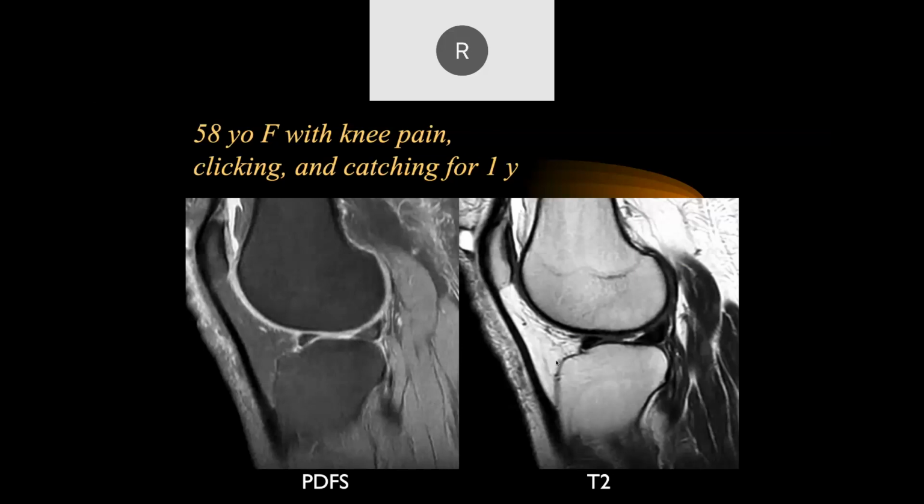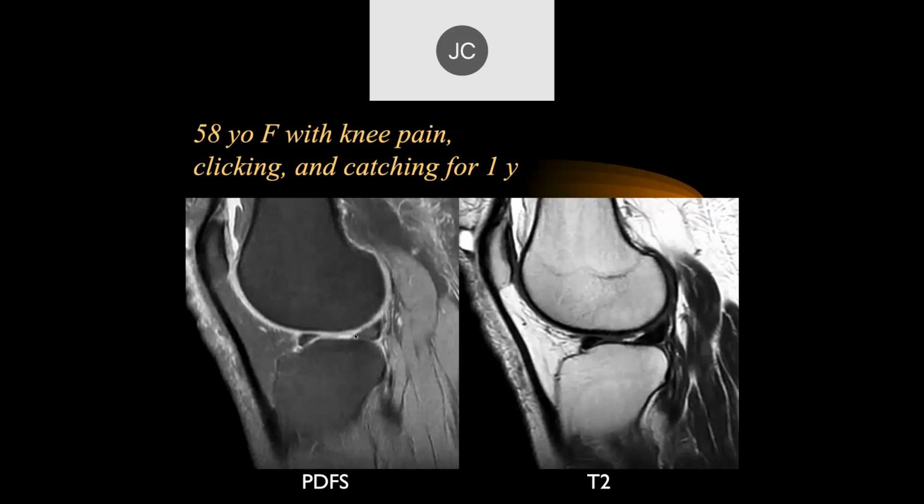Yeah. So this is the reason why we've gone back to doing non-fat suppressed T2 weighted sequences, because it's there if you go back and look at it here, but often areas of cartilage on PD fat sat will have high signal intensity, which makes the contrast between a defect and the cartilage more difficult to see.